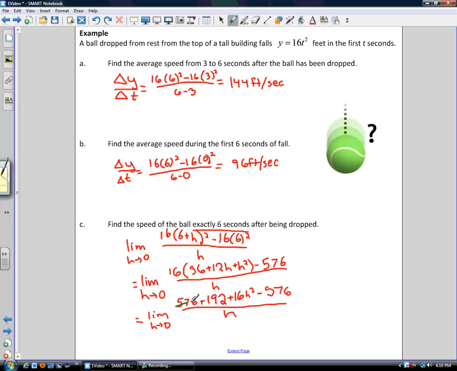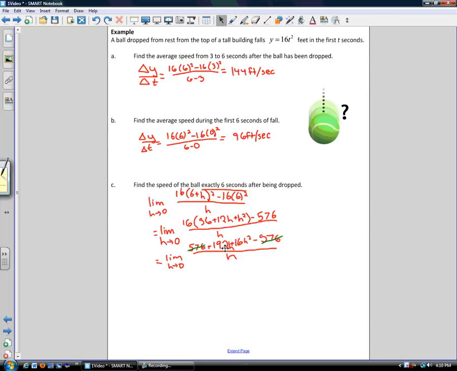So let me grab a different color. 576 minus 576, which is fantastic. Oops, I forgot my h in there. That would mess me all up. It's wonderful that those two are canceled out because now everything in the numerator has an h in it. So I can rewrite this one more time. And I can factor out the h. And that'll leave me with 192 plus 16h.